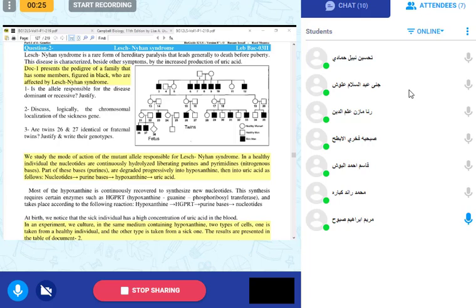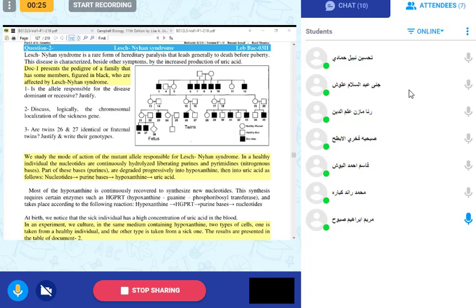Okay, Lesch-Nyhan syndrome, a rare form of hereditary paralysis, leads to death before puberty. The disease is characterized by increased production of uric acid. It would be recessive. Why? Because the parents are healthy.